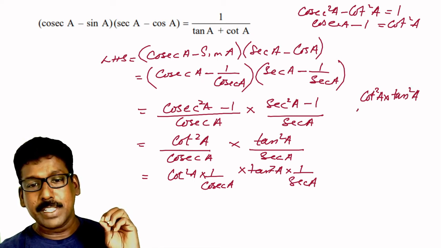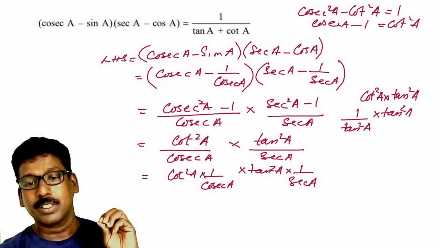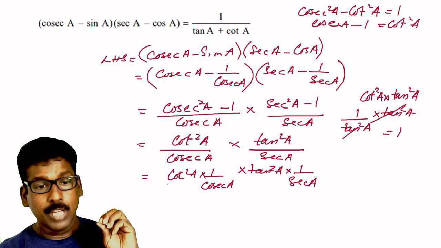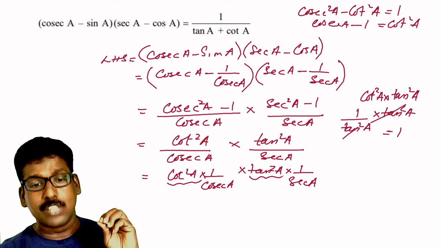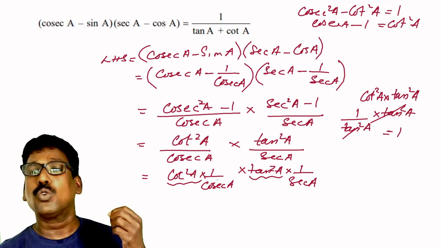Cot square A means the reciprocal of tan square A. So 1 by tan square A into tan square A. Tan square A cancel. You will get 1. So cot square A into tan square A, you will get it as 1. Now 1 by cosec A.